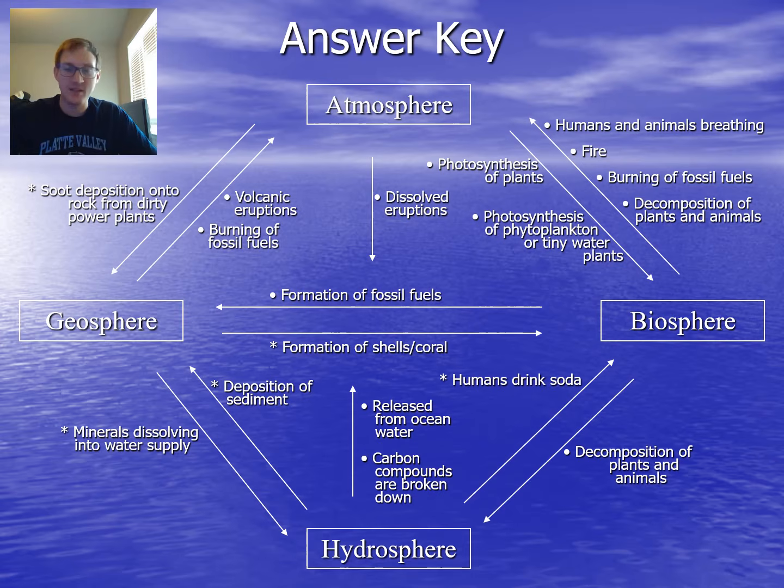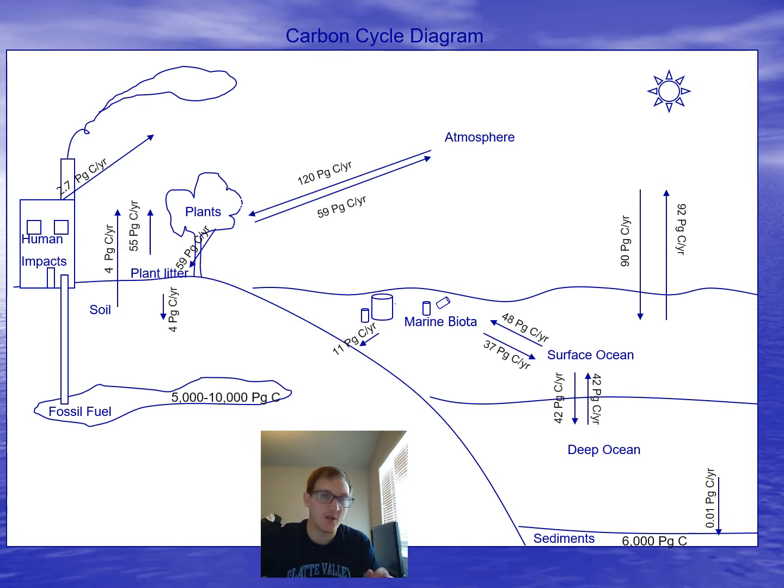Okay, and then the last thing that I want to talk about is just an overview of the numbers. I think it gives you a good graphic of how things interact. That would be this picture, and you can see the numbers that they give for each year, and it's basically petagrams of carbon per year, I believe. Pentagrams.